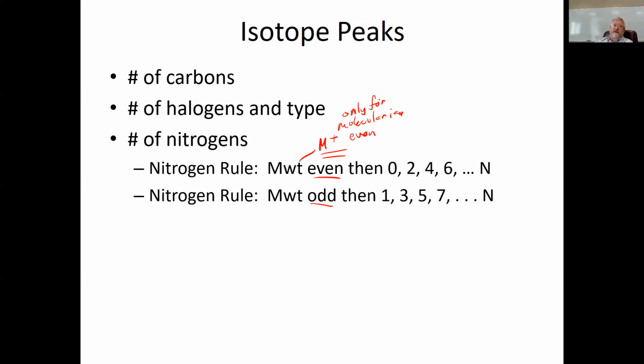It's missing a bond. Like if you have CH3 and you break a bond between the carbon and one hydrogen, you have 12 plus 3, 15 now rather than 16. That's always going to be the case.